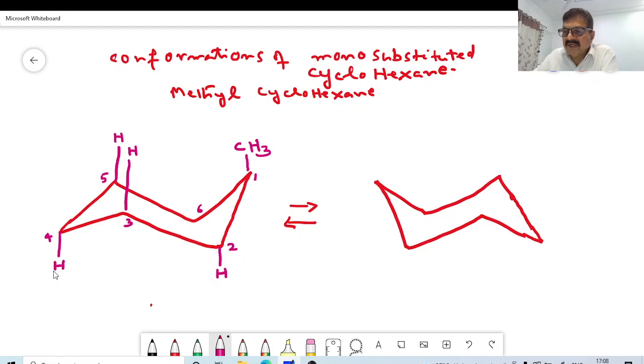Most of the groups I have marked now. Important groups here. Okay, now on ring flipping, this methyl group will become equatorial.